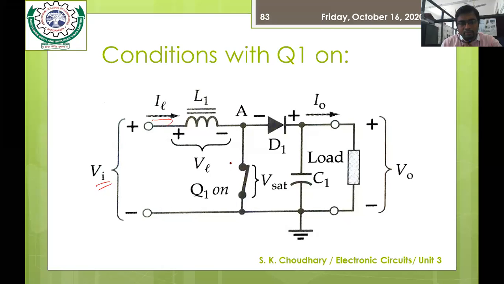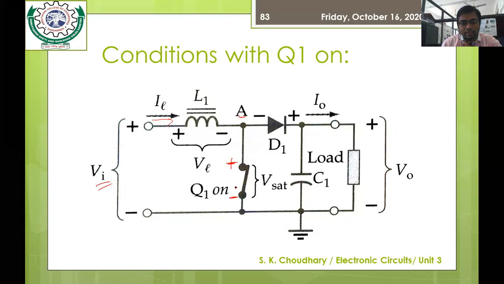The voltage across this switch is nothing but VCE(sat), the cut-in voltage of this transistor, which for a silicon based transistor is mainly 0.6 or 0.7 volt. We also see that the voltage available at terminal A is nothing but the voltage across the switch.